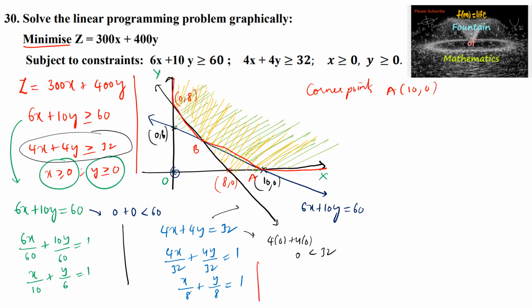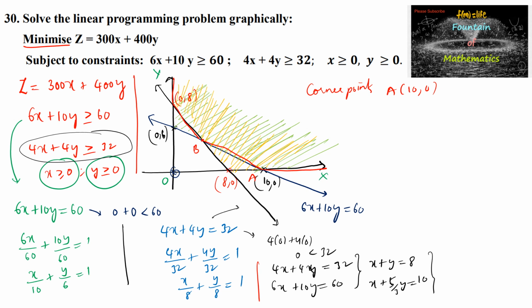Let us solve the equations. 4x plus 4y is equal to 32, and 6x plus 10y is equal to 60. Solving these two equations, we can write it as x plus y is equal to 8, and here we can write x plus 10 upon 6, that is 5 by 3, y is equal to 10.